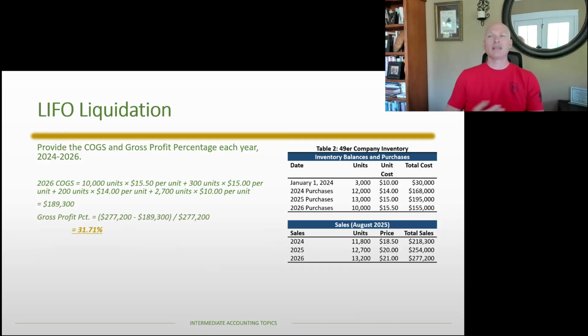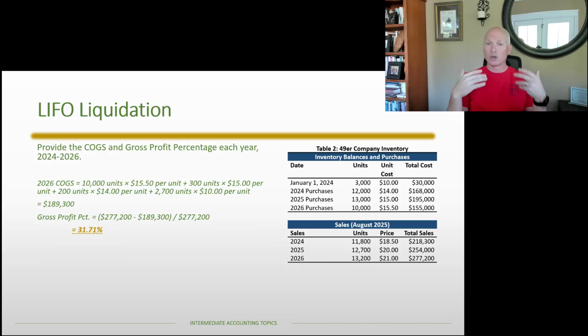Now, you might not think that's a big deal, but going from 25% gross profit to almost 32% gross profit, I mean, that's crazy good. The markets would react to that. A 7% increase on 25% margins, that's pretty big. I mean, that's like a 30% increase. It's a large increase to our gross profit.